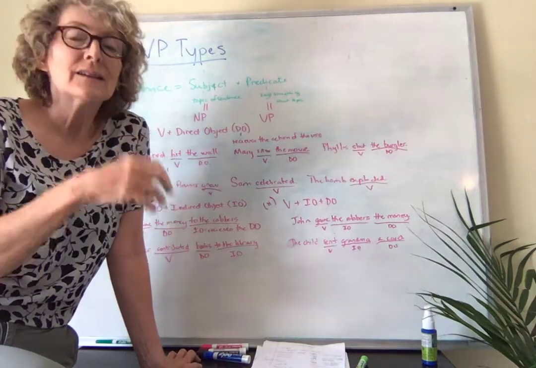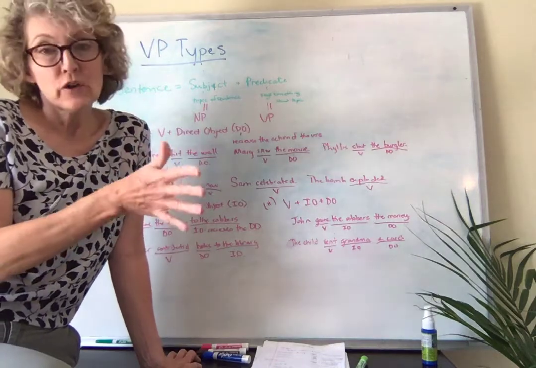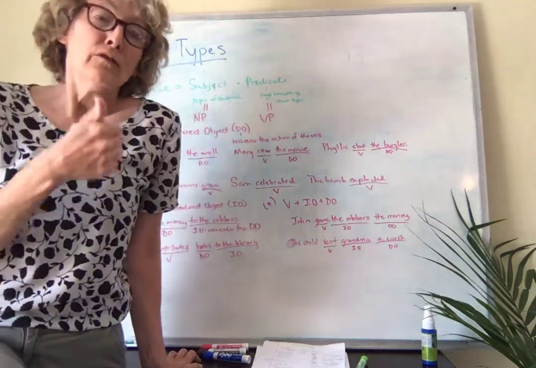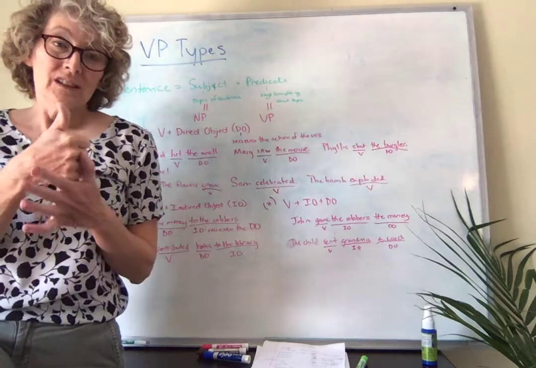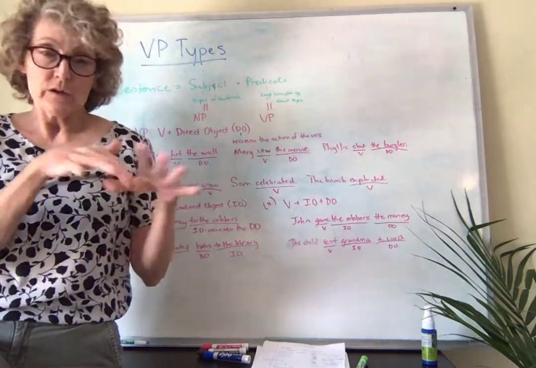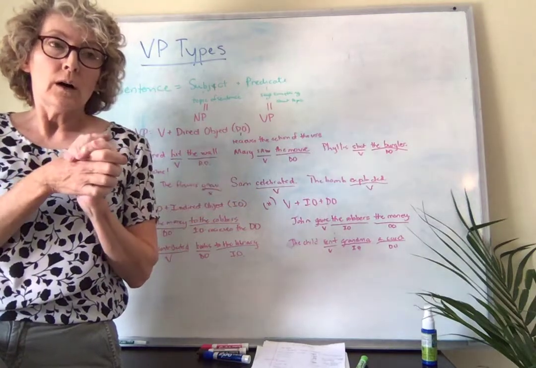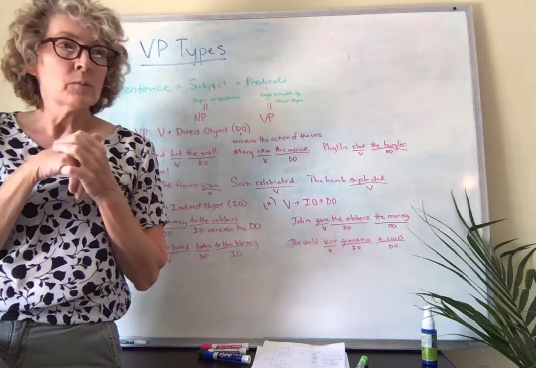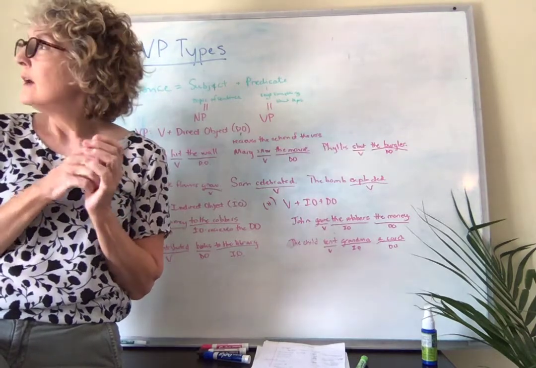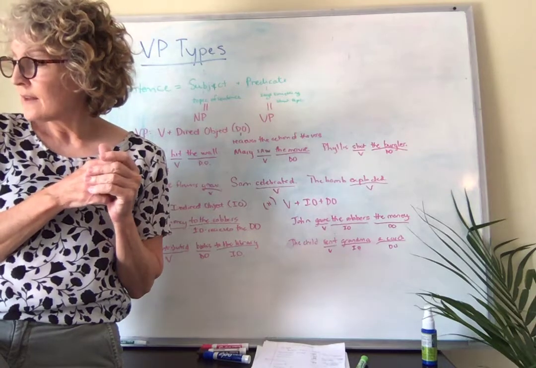It's the predicate, it's the verb phrase. Therefore, you know it's intransitive. If you only have one unit in the verb phrase, then it's always going to be intransitive.